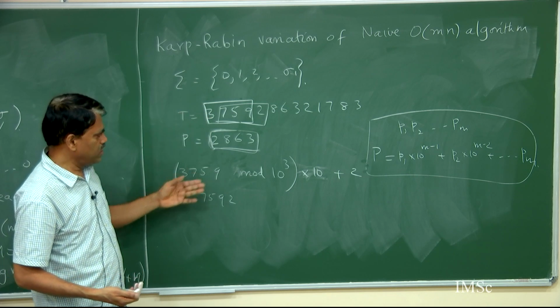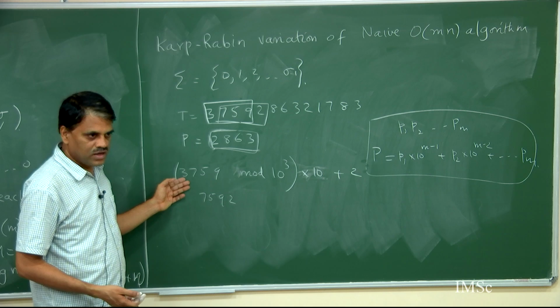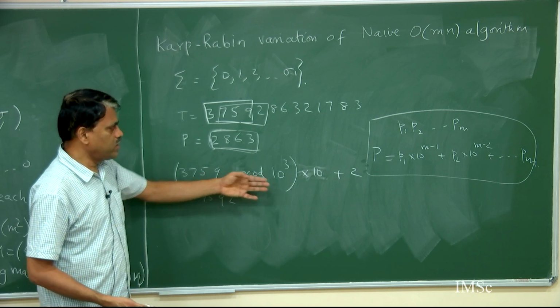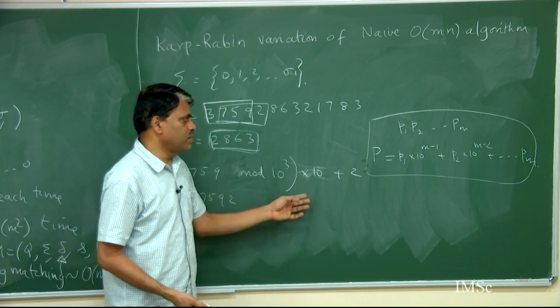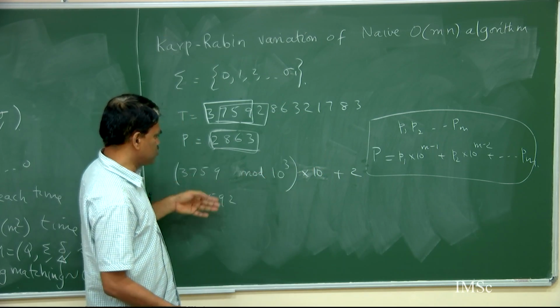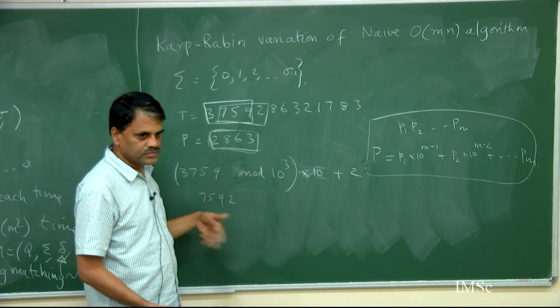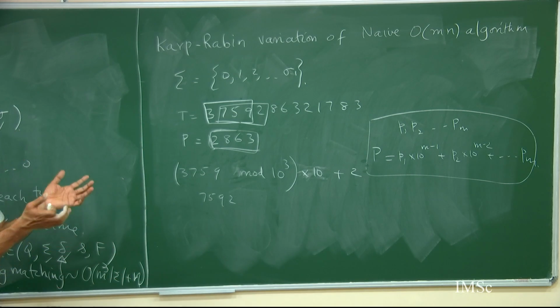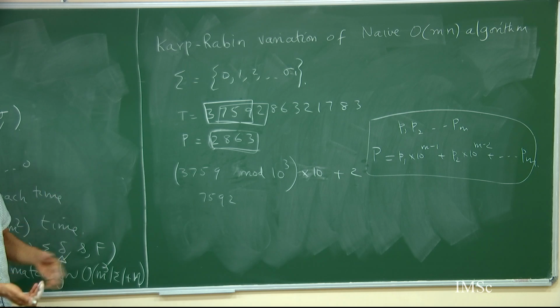If they are not, then do this computation, right, into 10 power m minus 1, do mod 10 power m minus 1 into 10 plus the next character. You got a number, compare these two numbers and keep going, right. So, if these numbers are comparable in constant time, then how much time does this take?